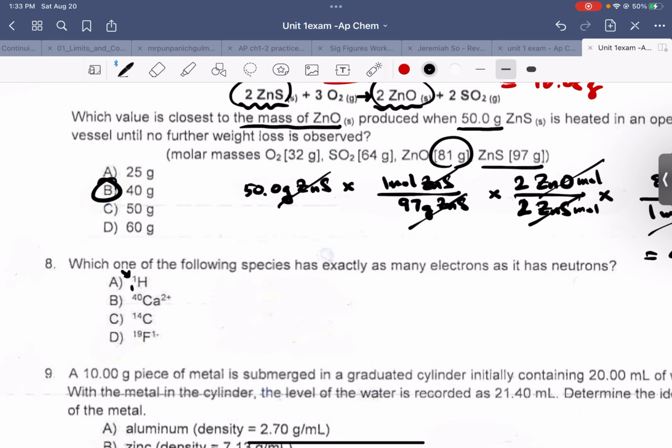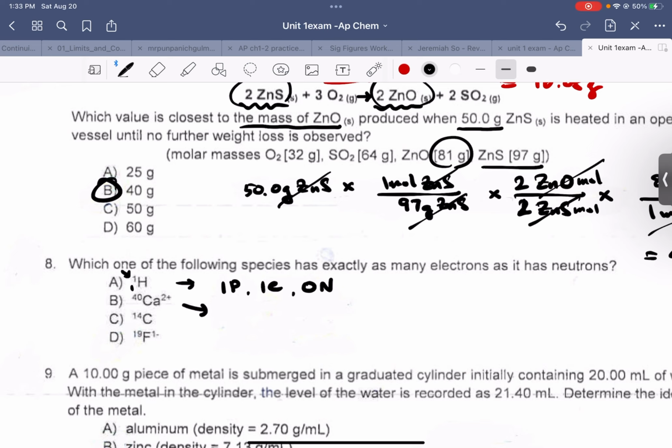The atomic number is 1 for hydrogen, and the mass is 1. So that means you have basically 1 proton, and 1 electron, and 0 neutrons. Okay, I'm talking about the hydrogen, A.